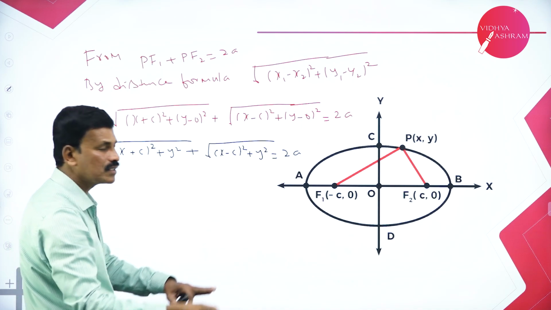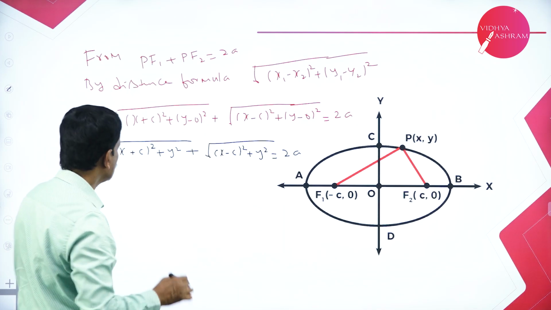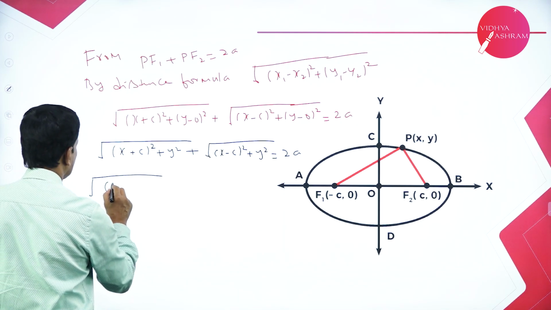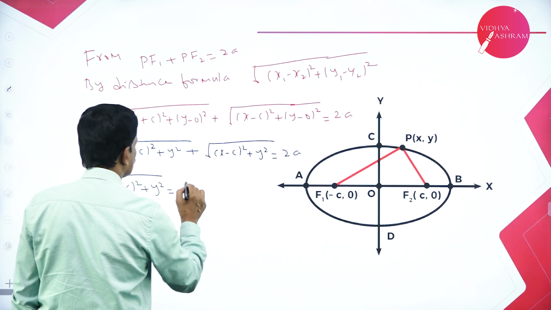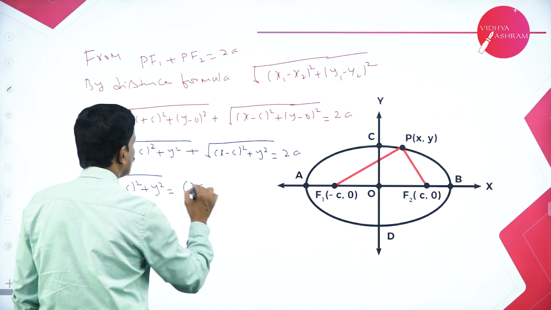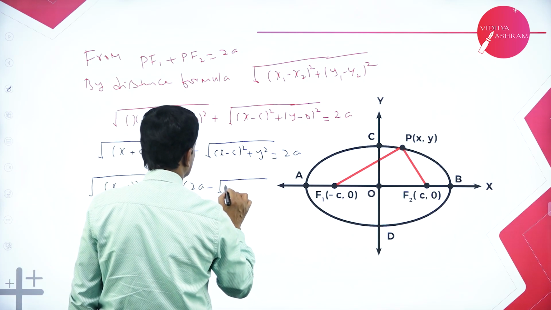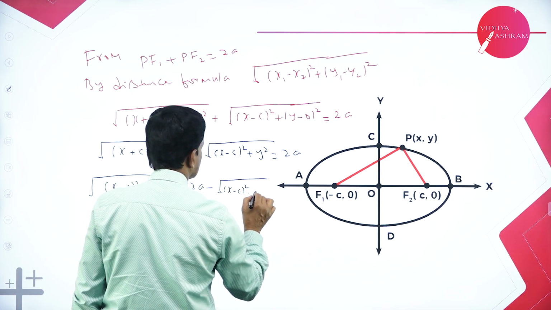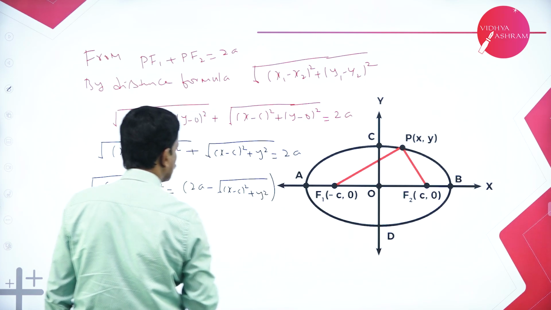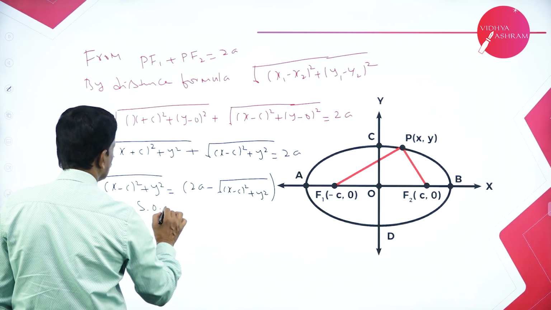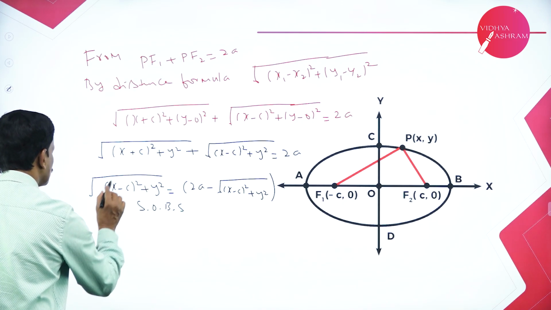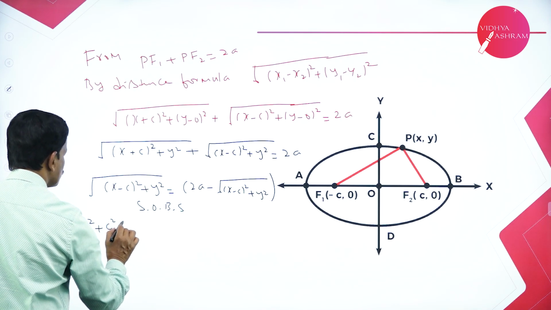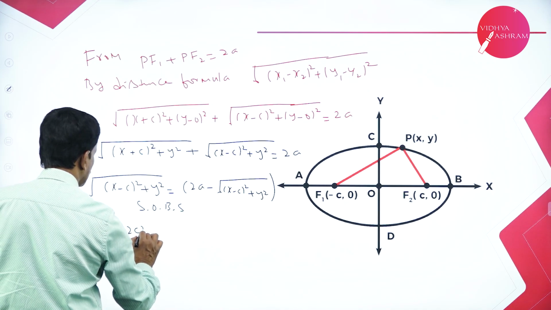Now transfer this quantity to the right hand side. Then this becomes root of (x plus c) whole square plus y square is equal to 2a minus root of (x minus c) whole square plus y square. Now squaring on both sides, the square root gets cancelled. We apply the formula (a minus b) whole square is a square plus b square minus 2ab.